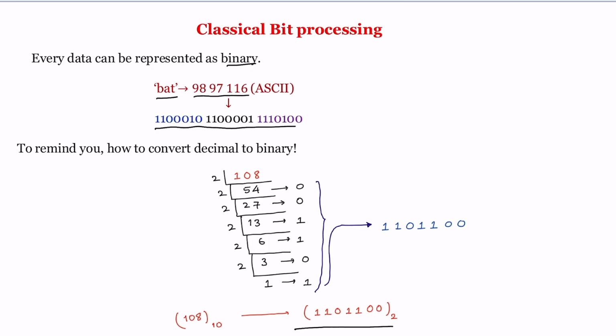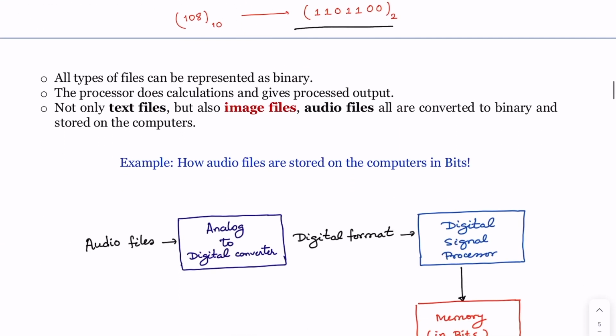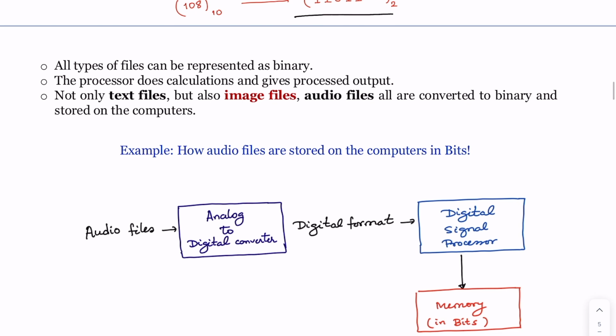And if it is converted to binary, decimal number 108 in binary, I can write it in this particular form. Alright, and all types of files can be represented as binary, and the classical processor does the calculations and gives the output using these binary numbers. It can not only store text files but also image files, audio files, etc. All these can be converted to binary and stored in a computer.